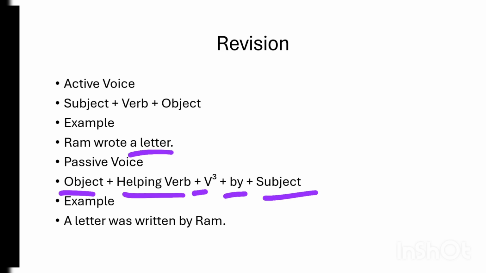Here a letter is the object, so a letter is written. The verb is in the past tense, so the helping verb was will be used, as a letter is singular in number. Then we write the third form of the verb wrote, that is written, then by, and the subject, that is Ram. Okay, so this was revision.